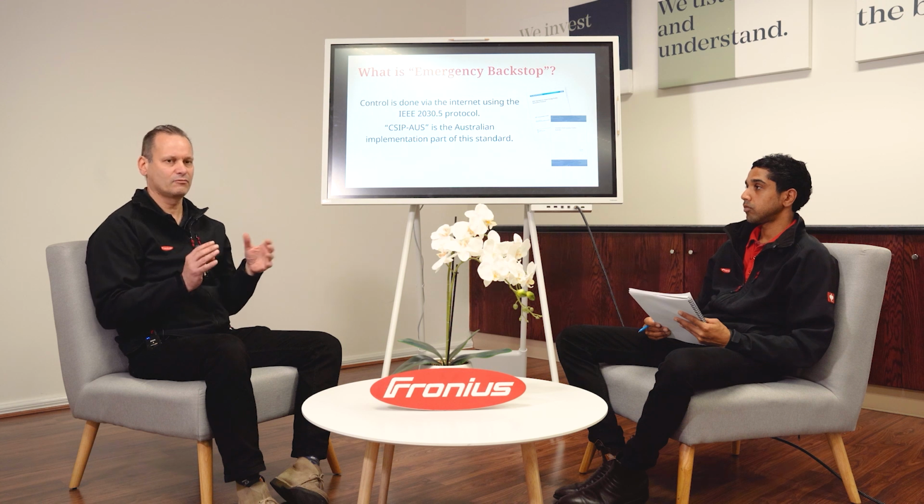A section of that is what we call CSIP-Aus, and that is like an implementation guide, or certain parts of the standard being taken out specifically for Australia. So a few additional things have been put in there as well. So you may have heard that buzzword, CSIP-Aus. That's the standard that the communication works on.